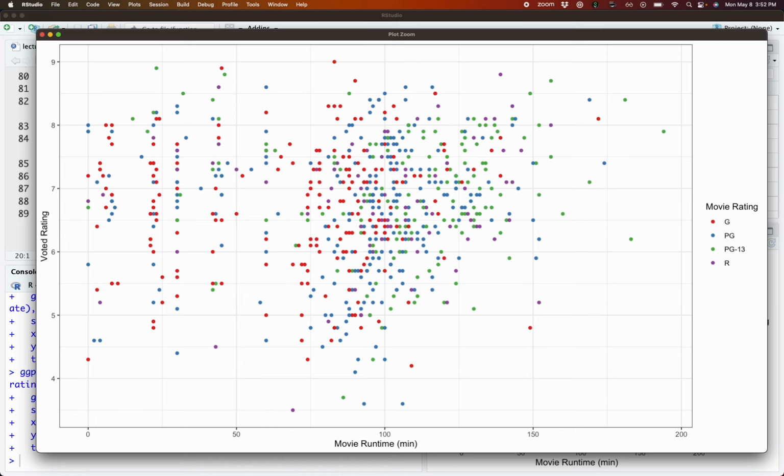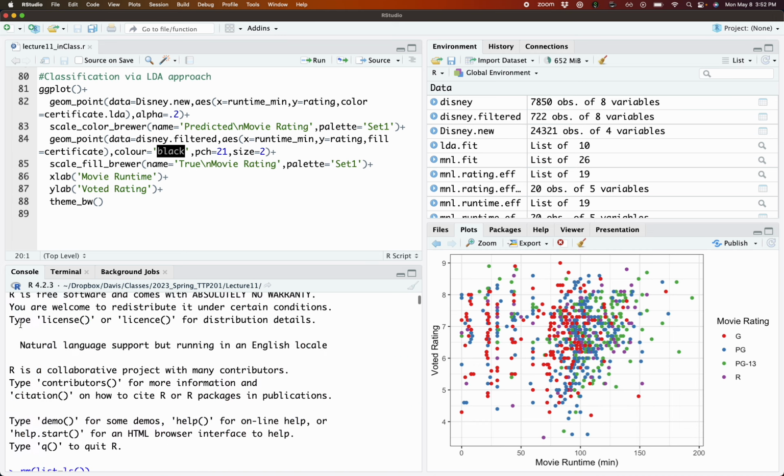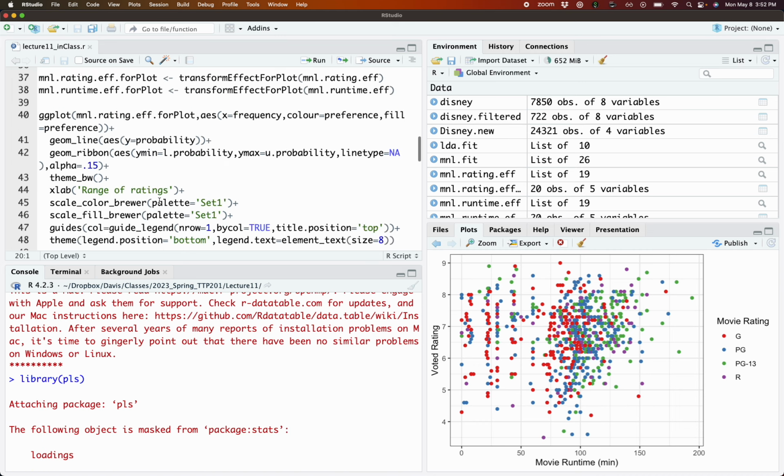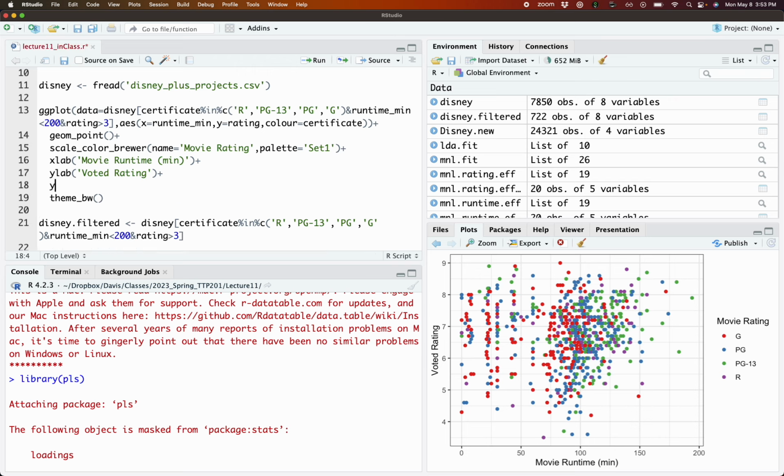Yes, the scale. Exactly. The scale is like 0 to 200. So if I were doing Euclidean distances, then this plot would look like this, right?